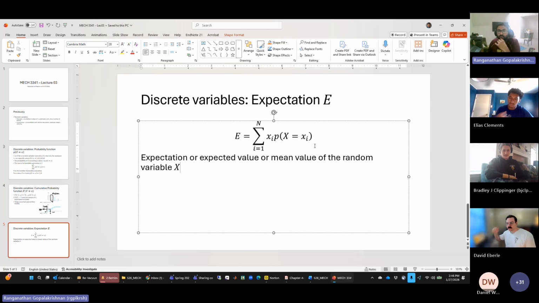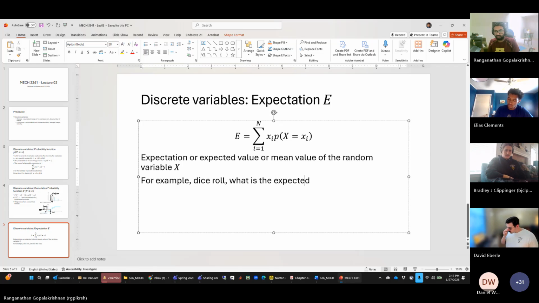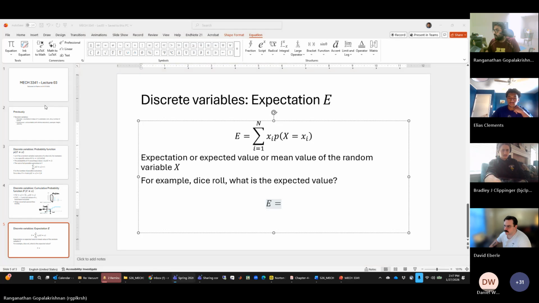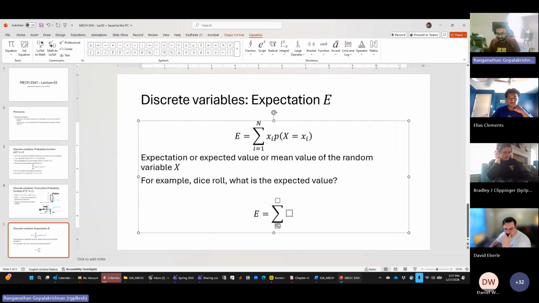Okay, so for example, in a dice roll, what is the expected value? E would be the summation i equals 1 to 6 of xi times probability, which is always 1/6.